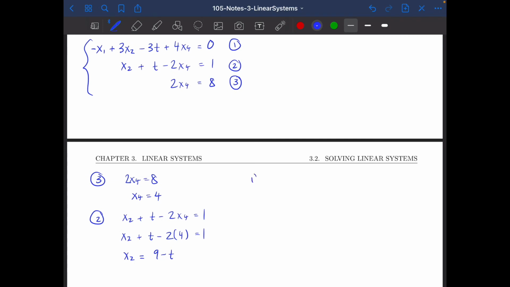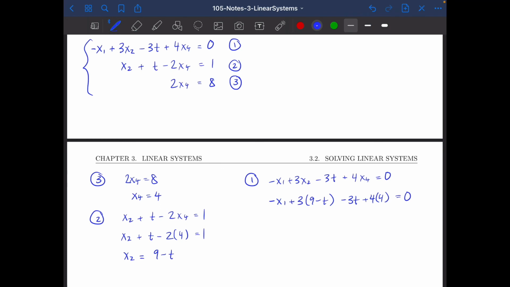Moving on to equation 1, minus x1 plus 3x2 minus 3t plus 4x4 equals 0. We now know both x2 and x4, so we can plug those in. So minus x1 plus 3 times x2, which is 9 minus t, minus 3t plus 4 times x4, which is 4, equals 0. Let's solve for x1.